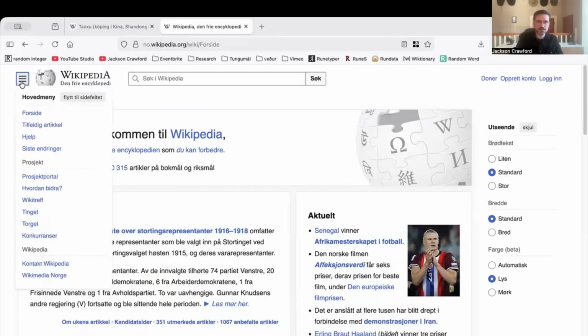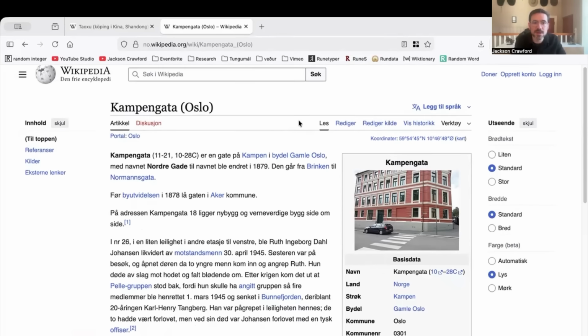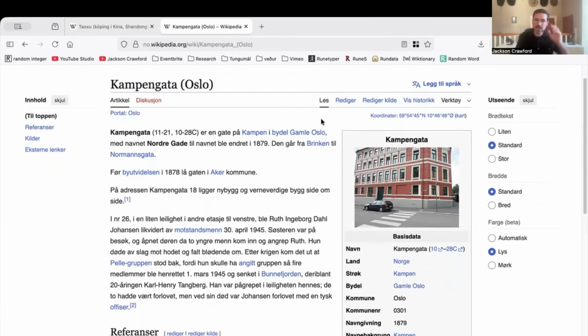Let's see what we can get as far as a random article on Norwegian Wikipedia. There it's higher on this menu. All right. Here is a random article about a street in Oslo.